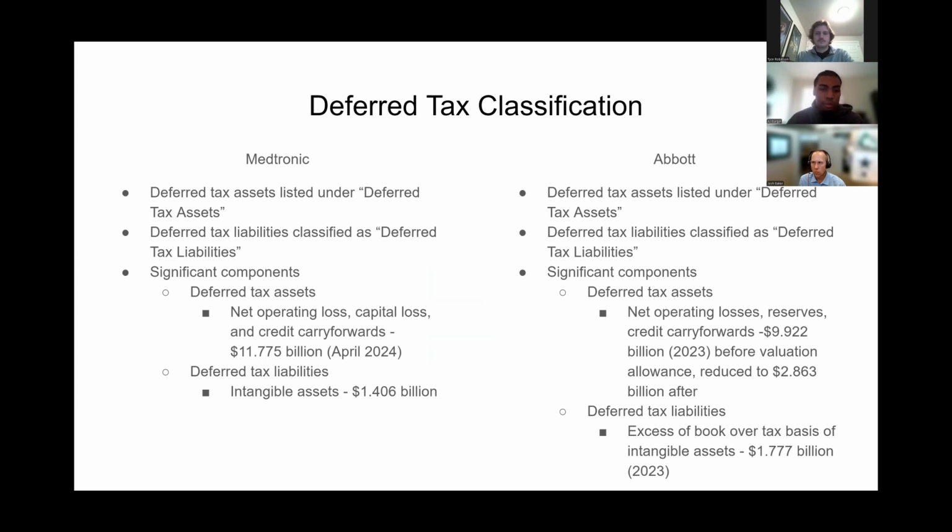For Abbott, it was net operating loss, reserves, and credit carry forwards as well, which is about $9.9 billion before valuation allowance, then reduced to $2.863 billion after. Both companies do have large deferred tax assets and liabilities. Medtronic's net deferred tax assets are significantly higher, mainly due to a lower valuation allowance and a different composition of deferred tax components compared to Abbott.